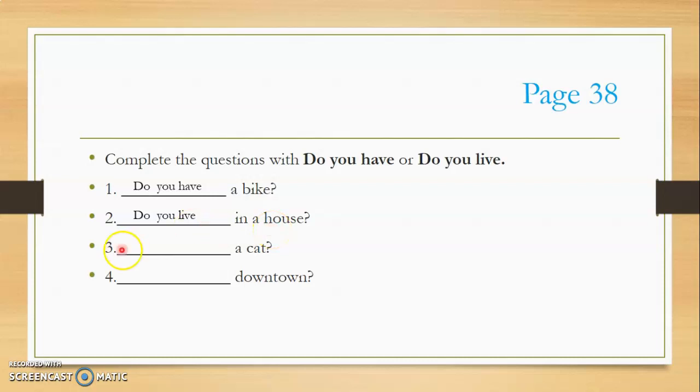Now your turn. Number 3, a cat. Which one is it? ¿Cuál es la número 3? Which one is number 3? Very good. Do you have? And then number 4, which one is it? Do you live downtown? Yes. Do you live downtown? Very good job, guys.